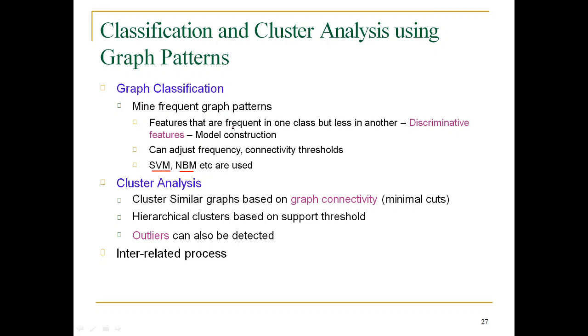What we are going to do is take the frequent graphs as features and put them into a class by using the discriminative features, and we adjust the frequency and connectivity thresholds. Using a certain threshold, we put them into class values. If those particular rules are satisfied, then we put the features into the same class. So using support vector machines and Naive Bayesian, we can do the classification.